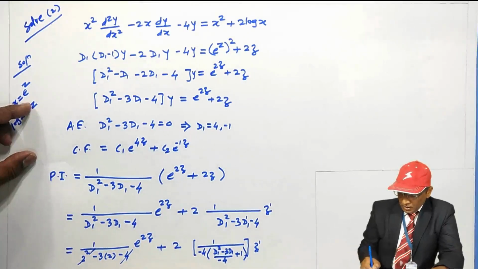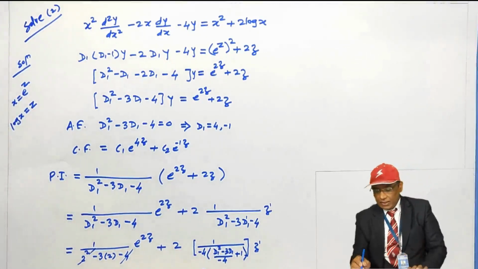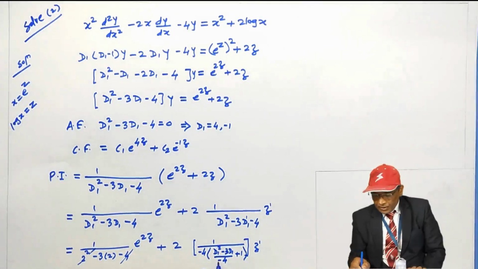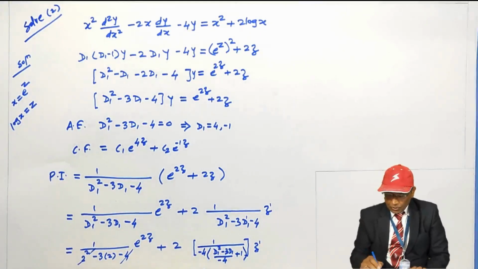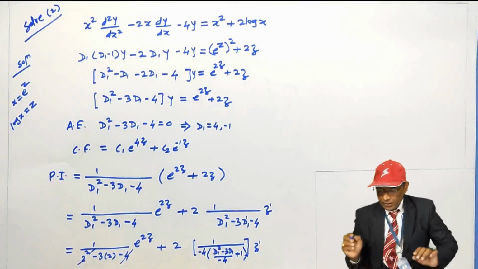In this way I am going to write the same thing, D1 squared by 4 minus 3D1 by 4. You have to write very clearly. This minus 4 I brought outside of the bracket like this.